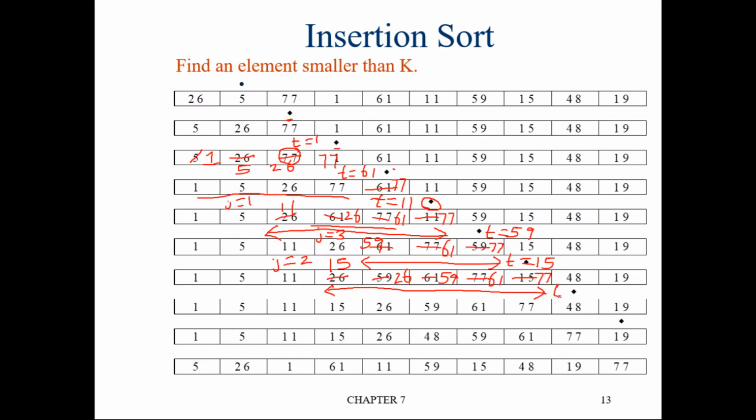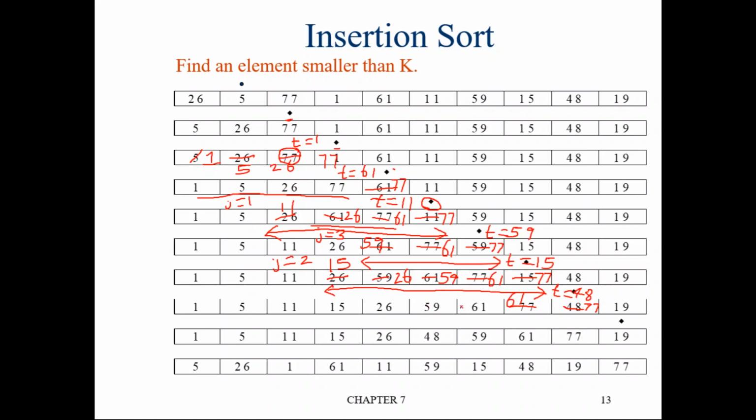Next is 48. Next t is equal to 48. Now if you see, 77 is greater than 48. So this location will become 77, right? Again 61 is greater than 48, so this will become 61.